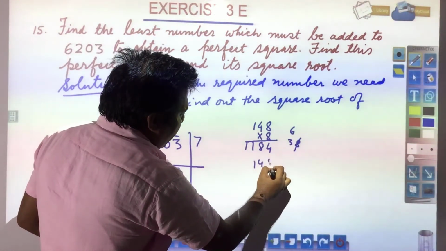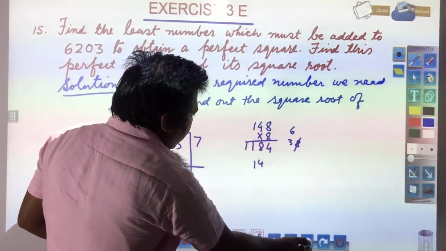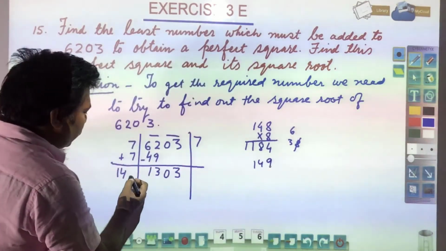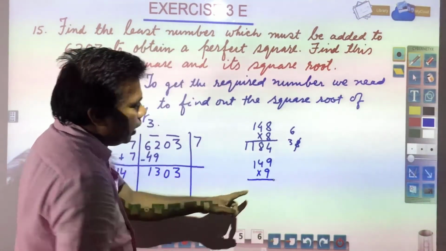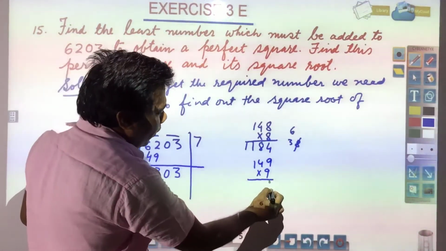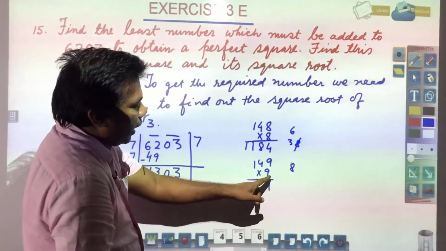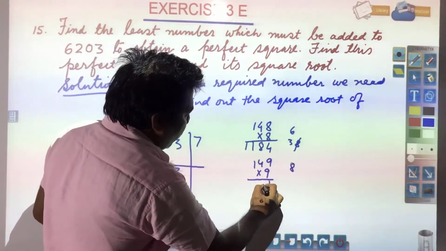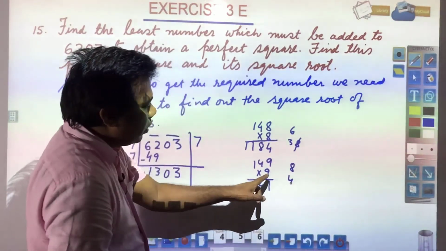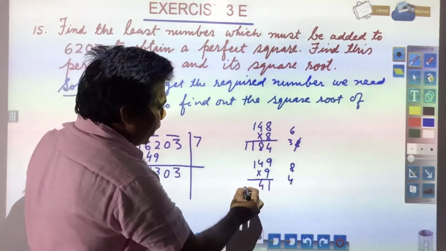Suppose 148, sorry, this will become 149, 9 times we will take. Now, you see 9 9s are 81, 9 4s are 36, 36 and 8 are 44, 4 you will have, 9 1s are 9 and 4 is 13.